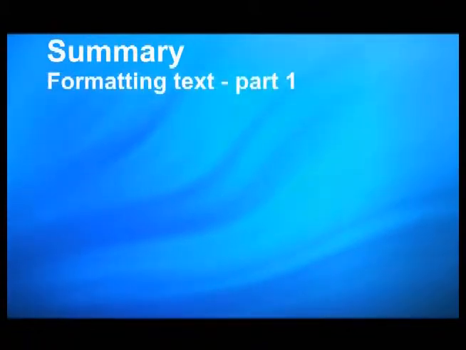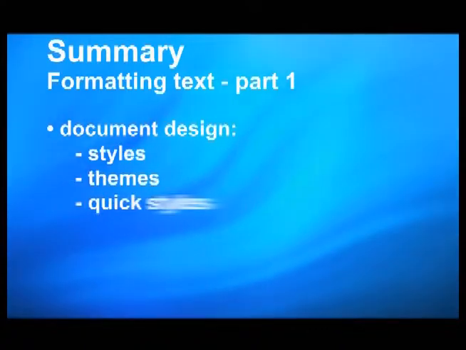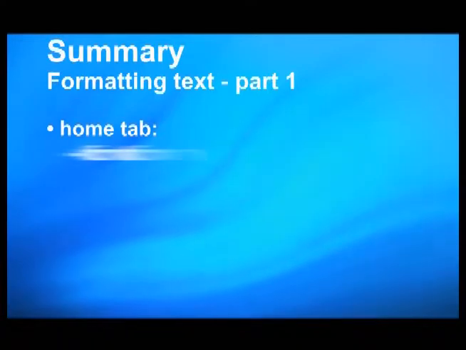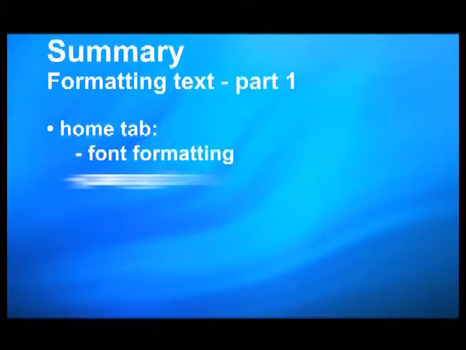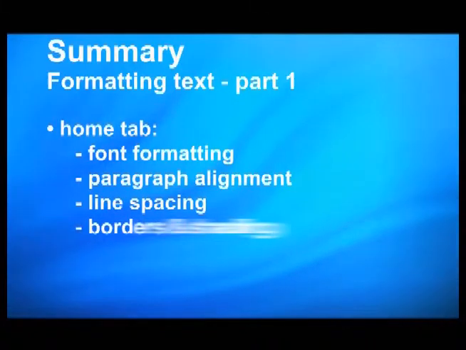Word 2007 puts a strong emphasis on document design with features such as styles, themes, and quick styles. It is also possible to format text manually using the tools on the Home tab. These include standard font formatting tools, paragraph alignment, and line spacing, as well as borders, shading, and list-making tools.